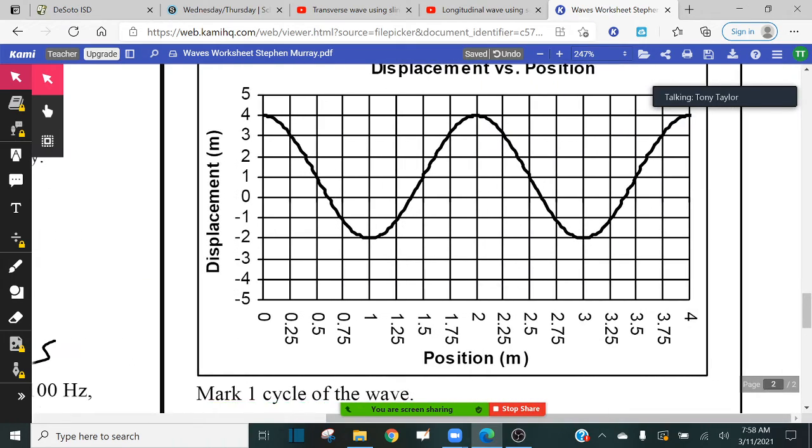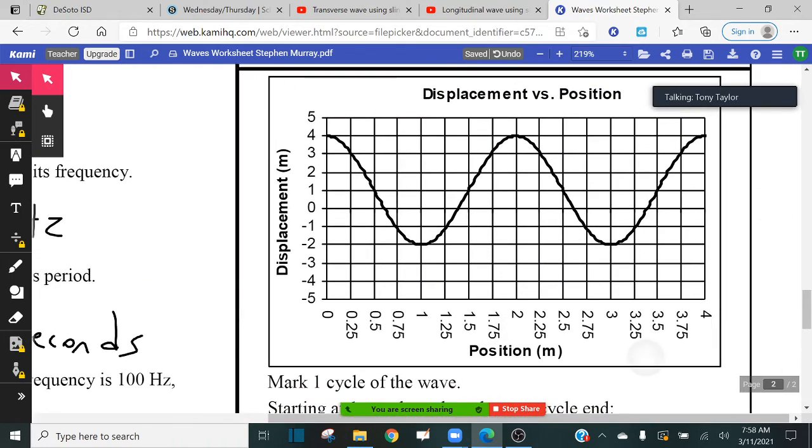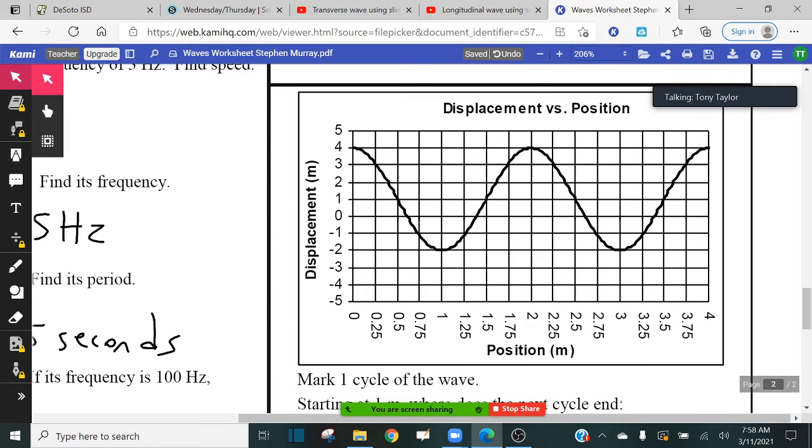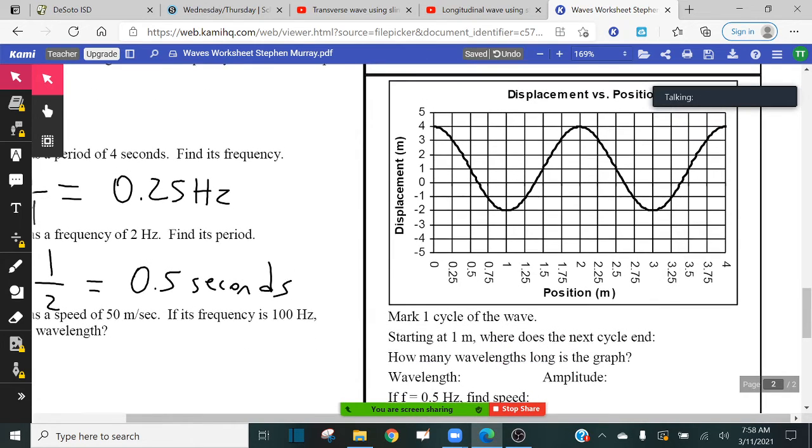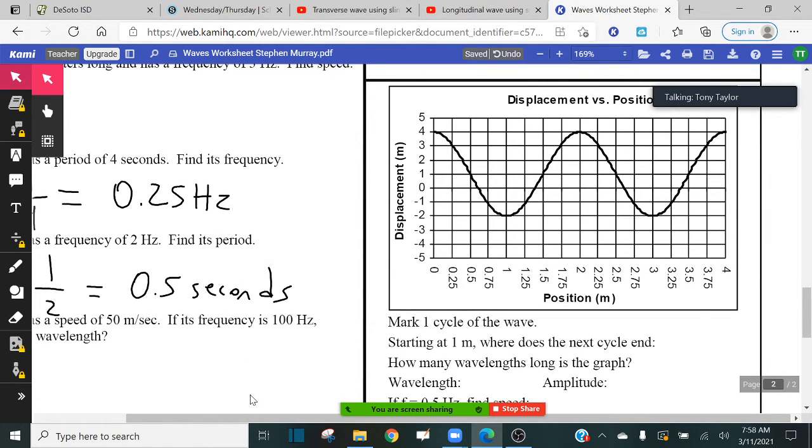Okay, I want to basically close out this lesson by looking at these two graphs here, and I just want to analyze a few things on this graph. Right here where it says starting at 1 meter, where does the next cycle end? Guys, if you look at your x-axis, we have position here in meters.